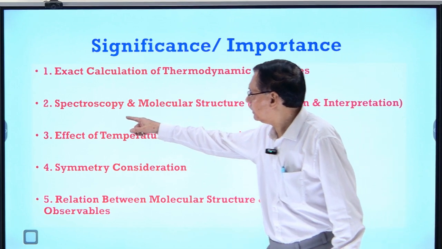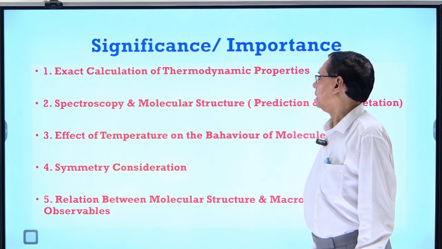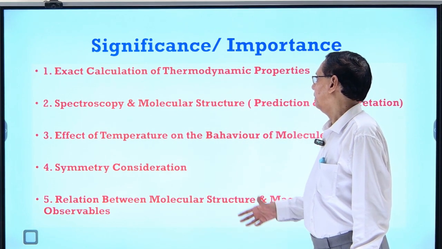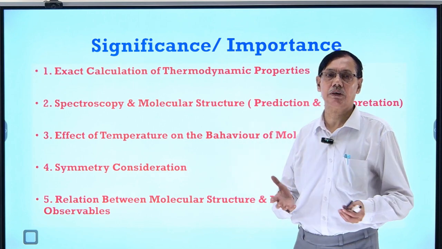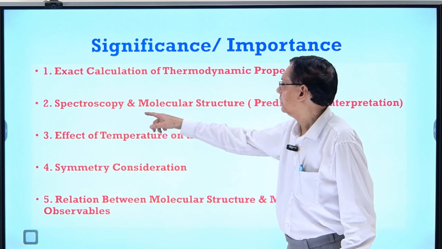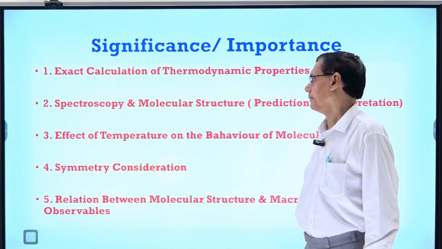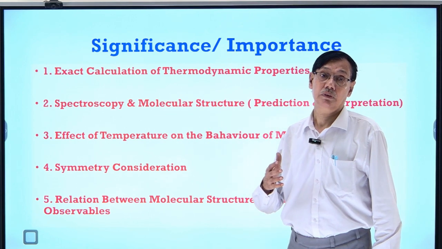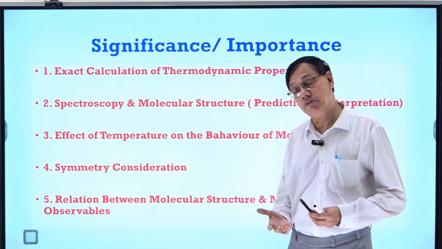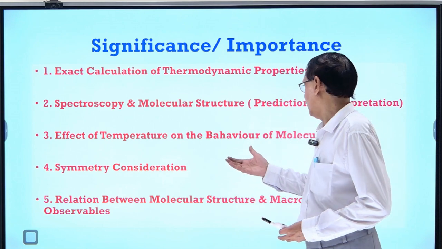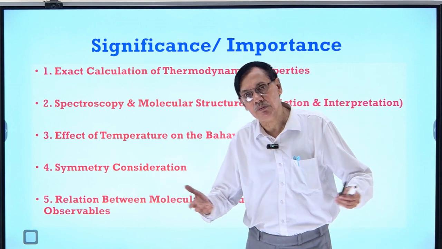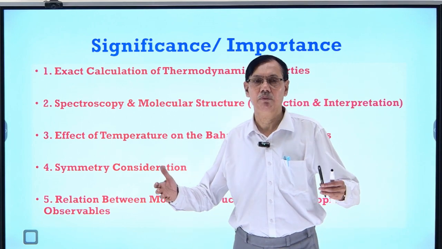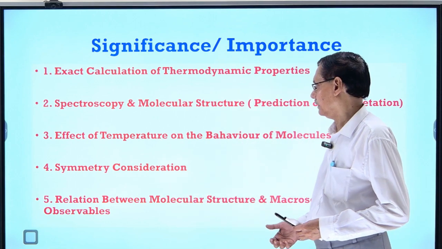So, with the help of the rotational partition function, we can get some information about the prediction and interpretation of spectroscopic structure. So I can write it as spectroscopy and molecular structure. And of course, you all know the effect of temperature on the behavior of molecules, because it is the distribution of molecules, with the help of Maxwell-Boltzmann distribution statistics.